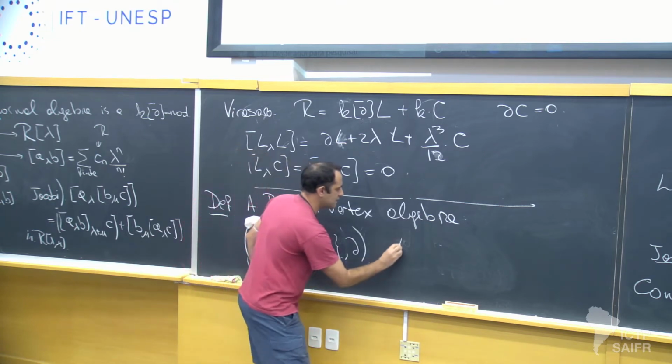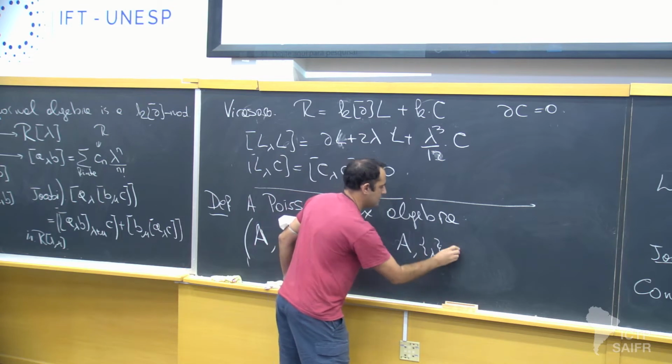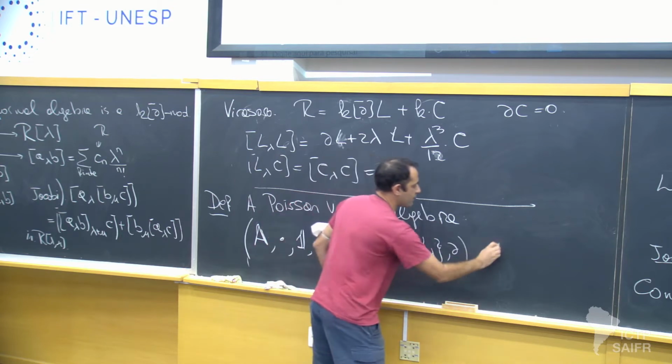So what I want is that A with the bracket and del is a Lie conformal algebra.